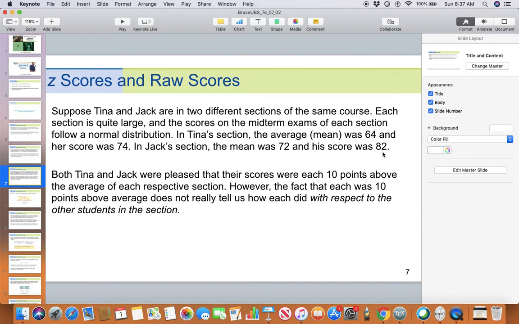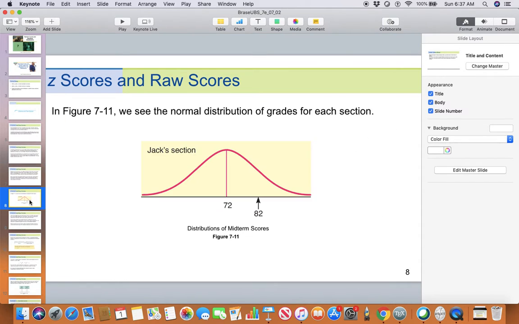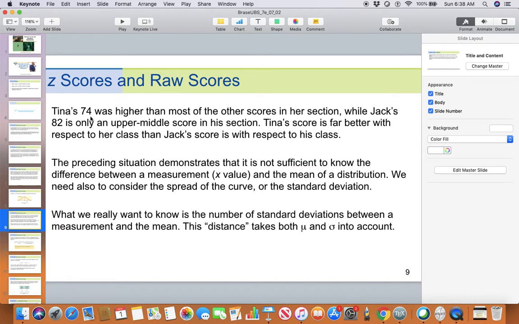But that alone is not sufficient to know how they did with respect to other students in the section. So this is Jack's section, 72, and 82 is his score. Tina's 74 was higher than most other scores in her section, while Jack's 82 is only an upper middle score in his section. Tina's score is far better.